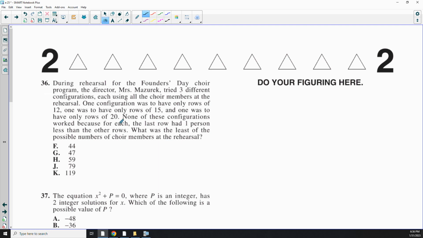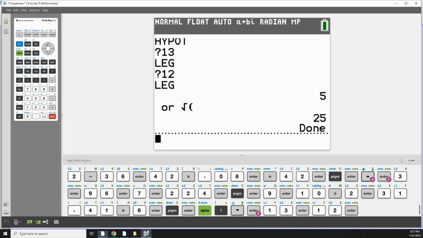This one was tough. One configuration was to have only rows of 12, and the other was to only have rows of 15, and one was to have only rows of 20. There was always one person less. So guess what you do, y'all? It's the LCM of 12, 15, and 20.